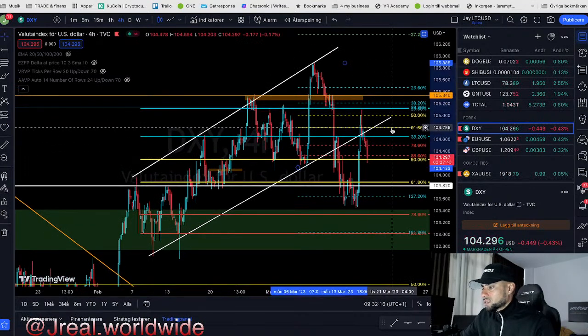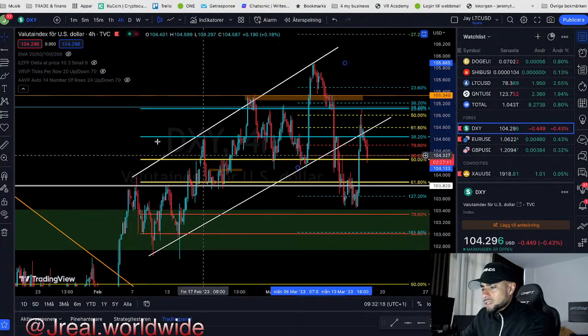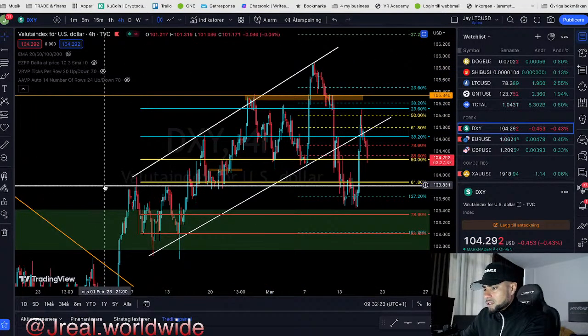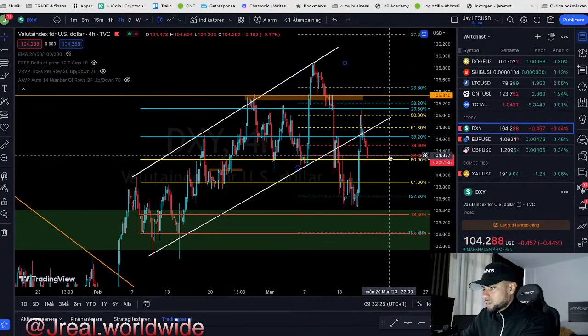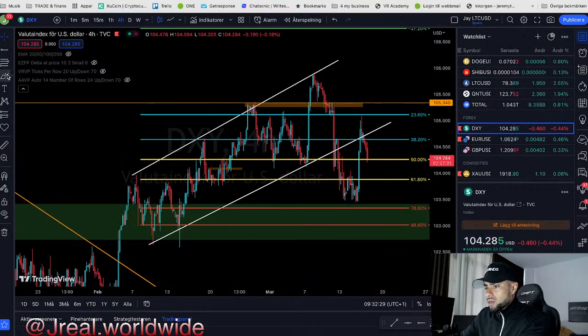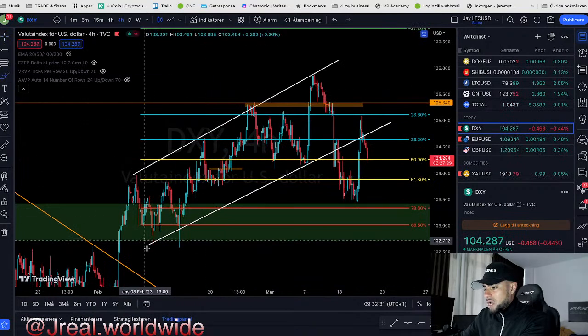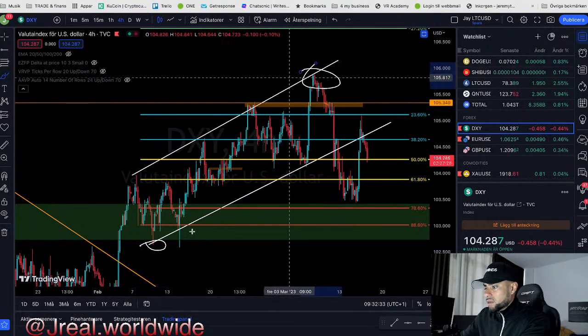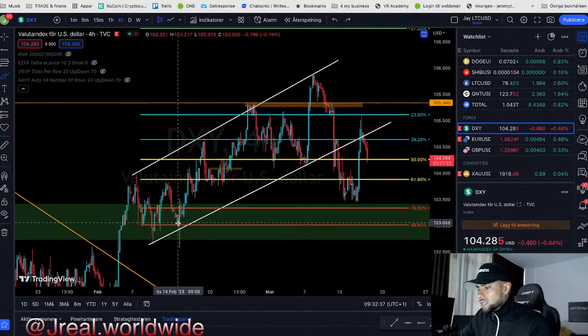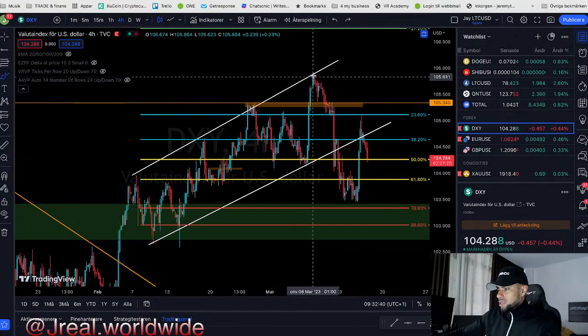So let's do like this, so we can see this a little bit clearer. Let's remove this and this. All right, cool. So look at the Dixie. I'm pulling fib from here to here. So this whole sequence, right? What has it done? It has come up. This is the top.